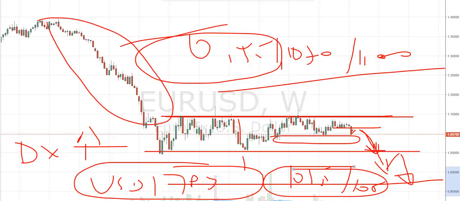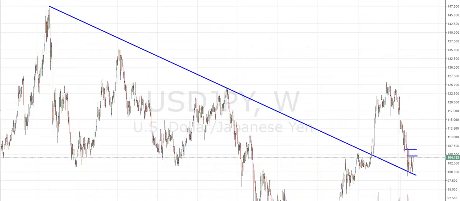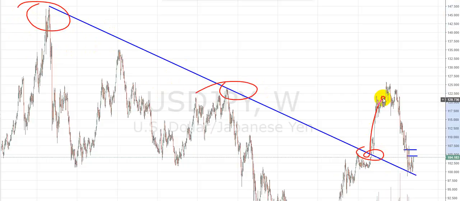Okay, right guys, most probably if you are following our blog, our Twitter channel, or our Facebook page, you are already aware of this weekly dollar yen chart, this breakout to the upside and retest of this trend line, right?